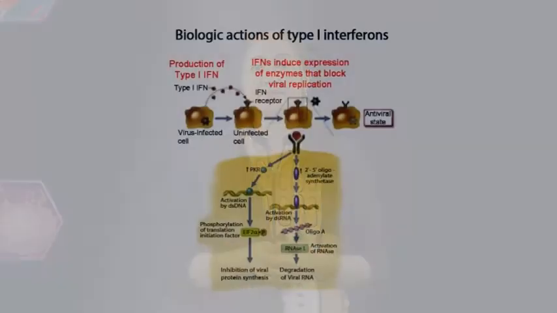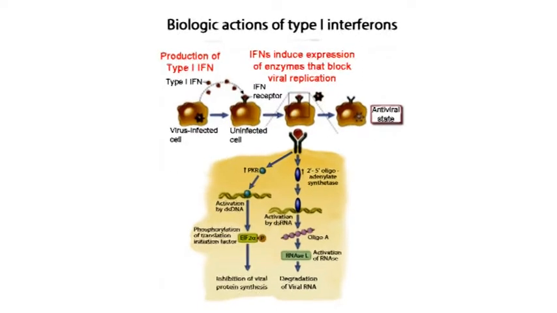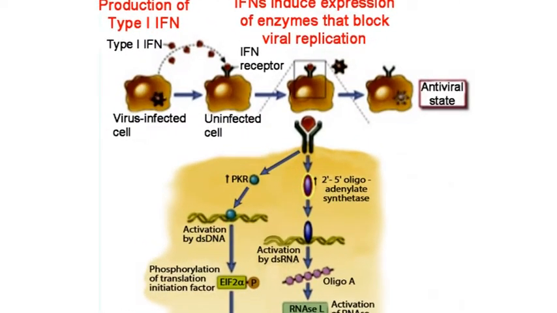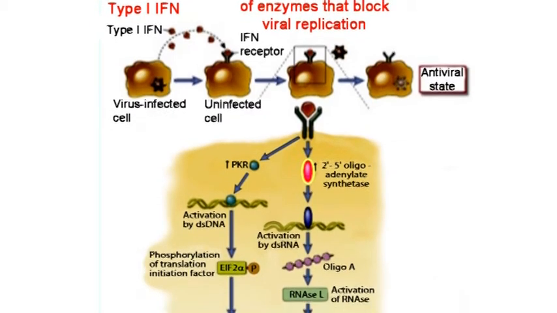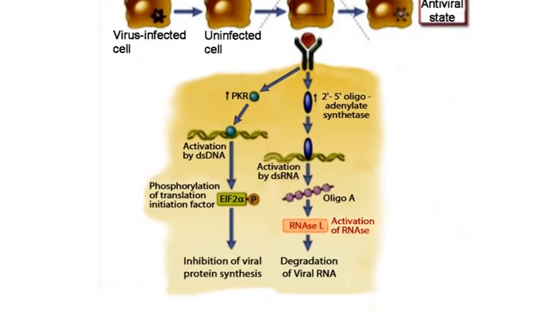Interferon alpha and interferon beta can induce an antiviral state by binding to their receptors. Binding of interferon alpha or beta to their receptors gives signals to the cell to express many genes. One of these gene products is an enzyme, 2'-5' oligoadenylate synthetase or 2'-5' A synthetase, which activates a ribonuclease, RNase L, that degrades viral RNA.